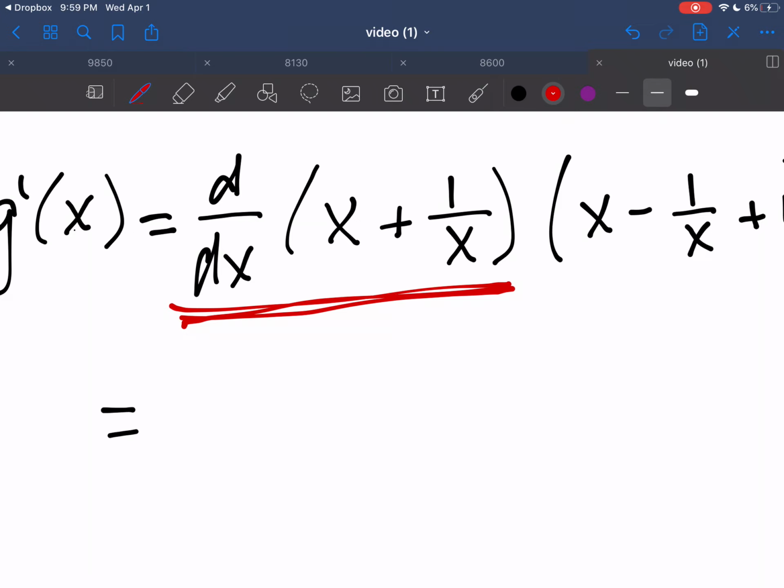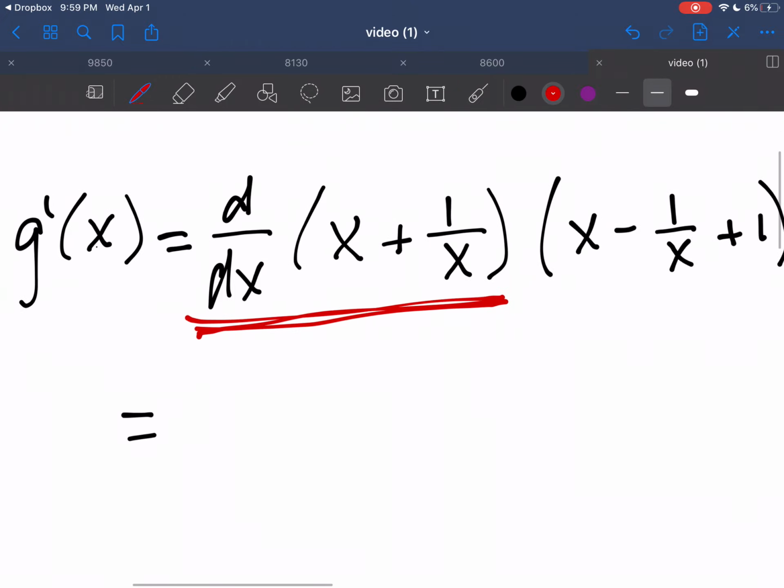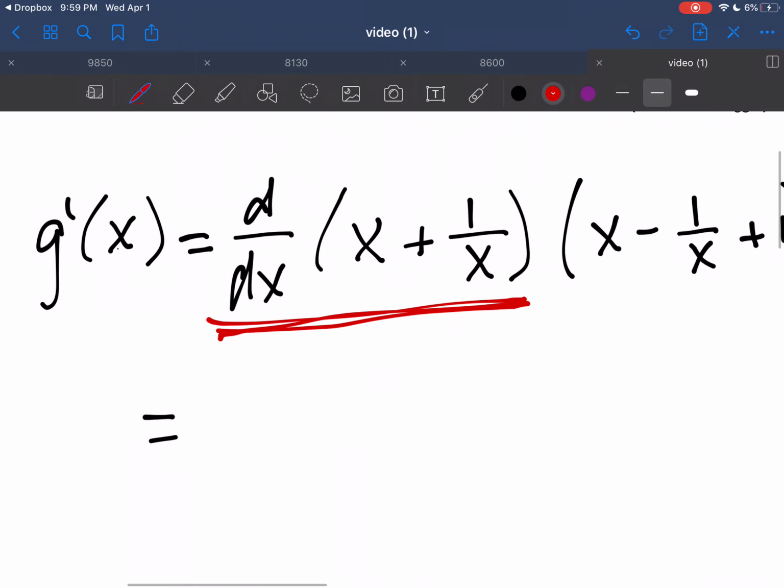So we'll have the derivative of x, which is just going to be 1, plus the derivative of 1 over x.